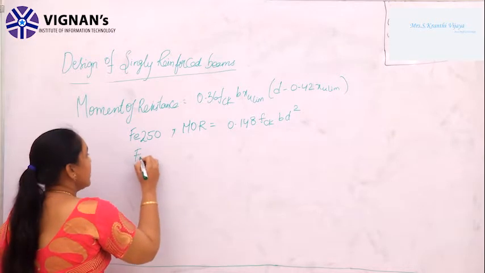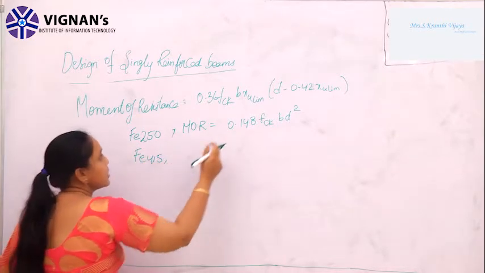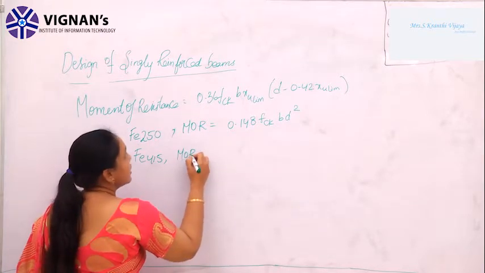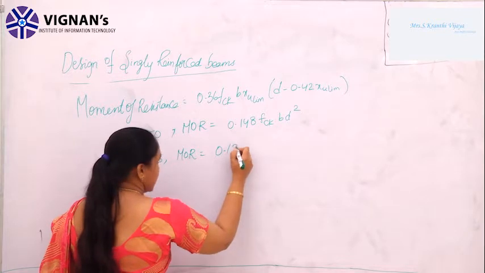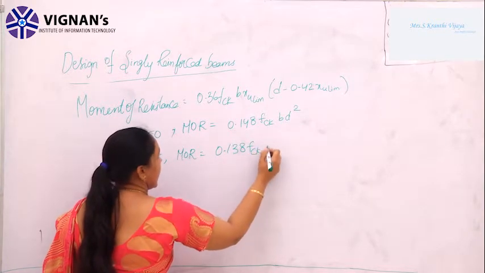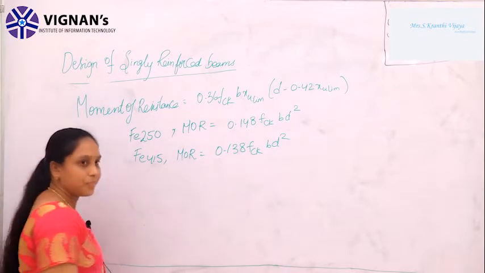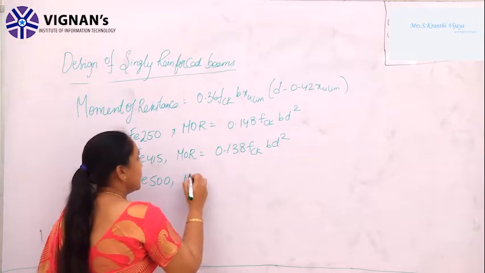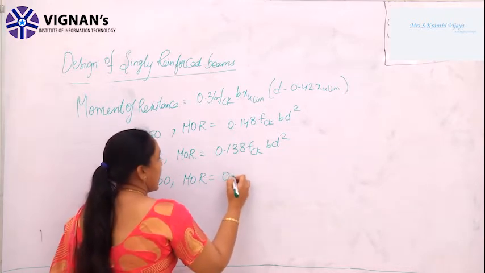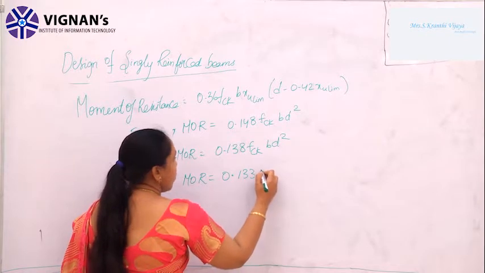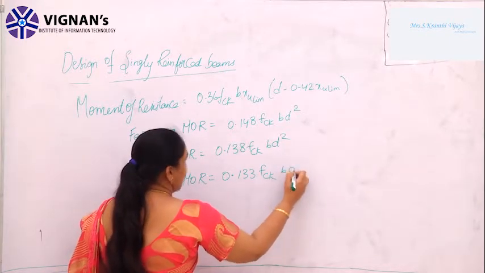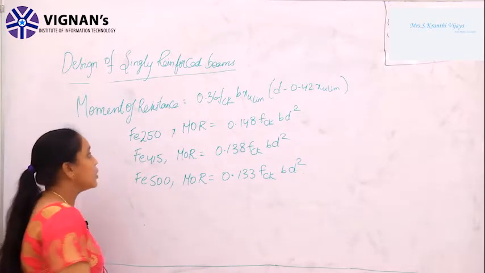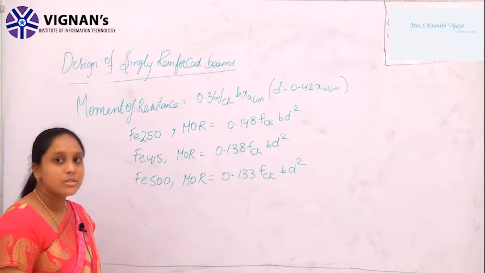Then for Fe415, if you substitute the value of xu limit as 0.48d, then the moment of resistance value will be 0.138 fck b d square. In the similar way, for Fe500, the moment of resistance value will be 0.133 fck b d square.